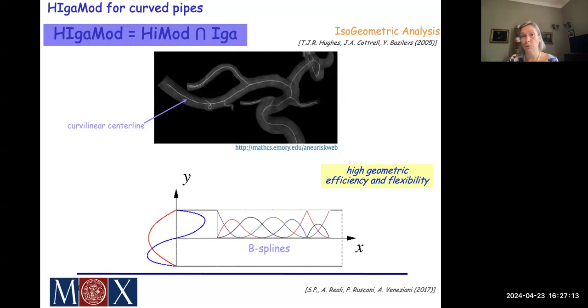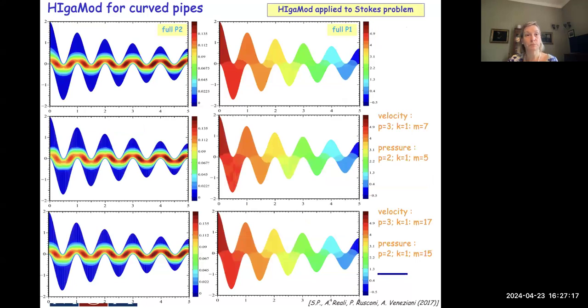And so we obtained what we have denoted by HIGAMod. Here we have a first check on a benchmark configuration. We have a wavy channel whose amplitude is diminishing. We are approximating via HIGAMod the Stokes problem.